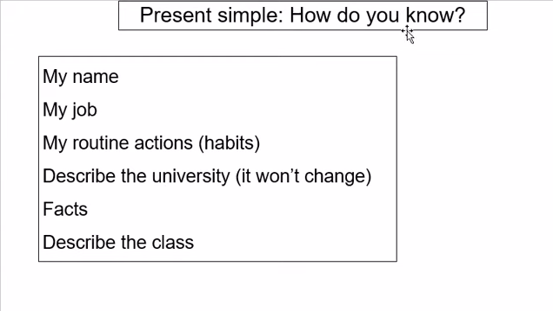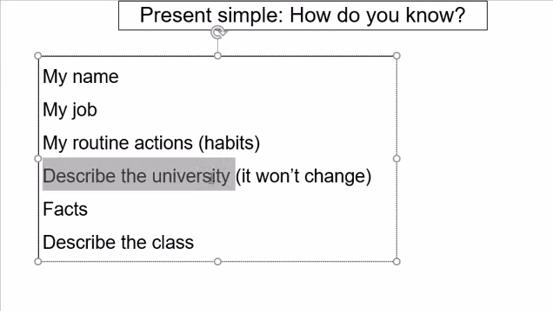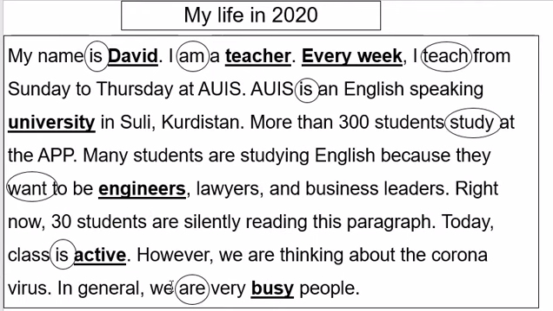This is the information that you get when you're using present simple. I want to know things like my name, my job, my routine actions or my habits. I described the university. Okay, I described the class. How does the class feel? Today the class is active. Okay, so that's, again, adjectives.